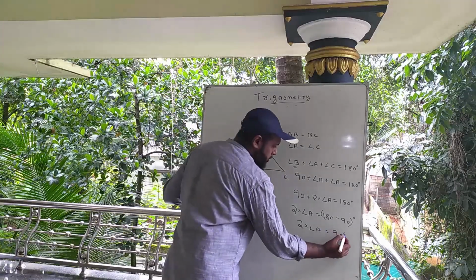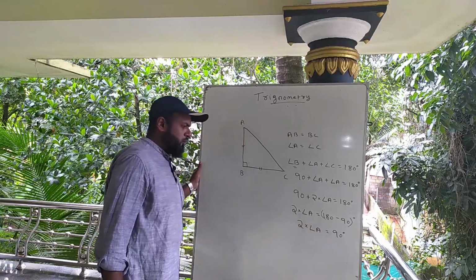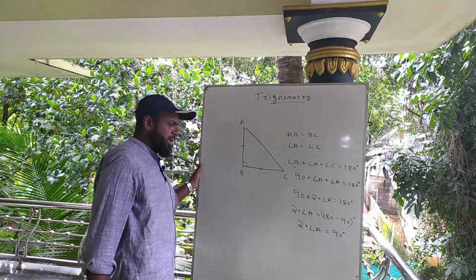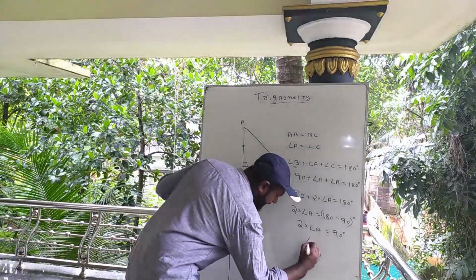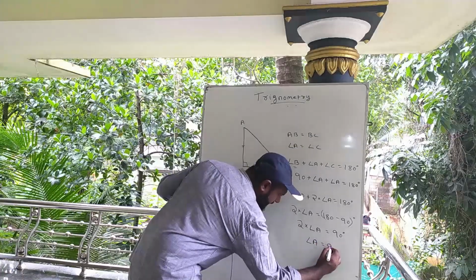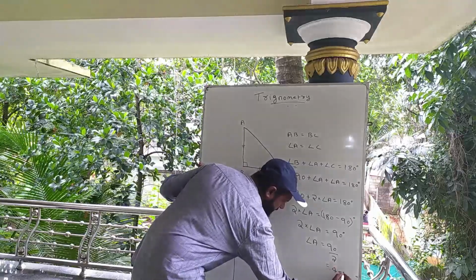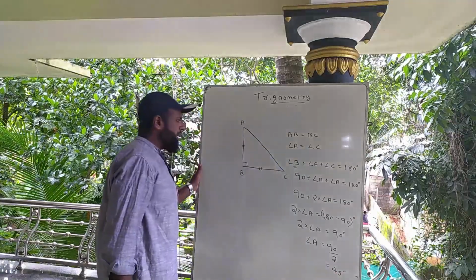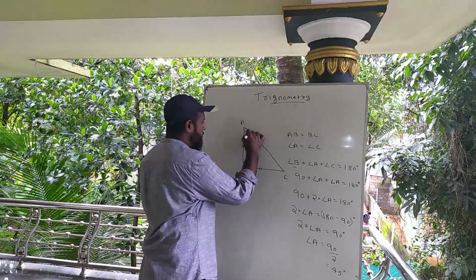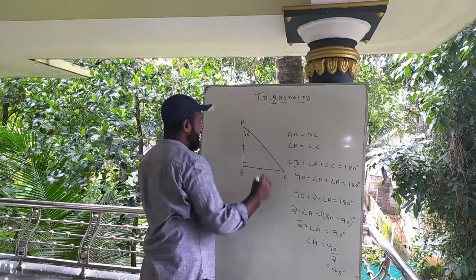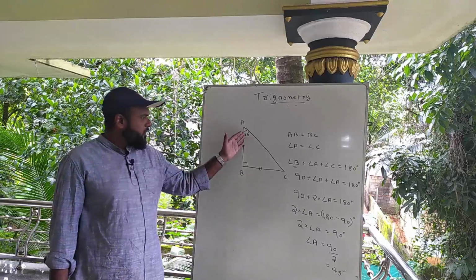Angle A equal to 90 by 2 equal to 45 degree.